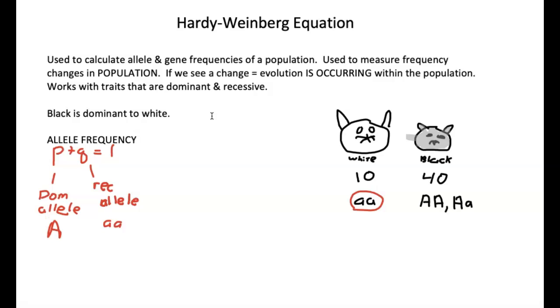But what we also need to know and understand is the genotype frequency. And this is where we look at p squared plus 2pq plus q squared.